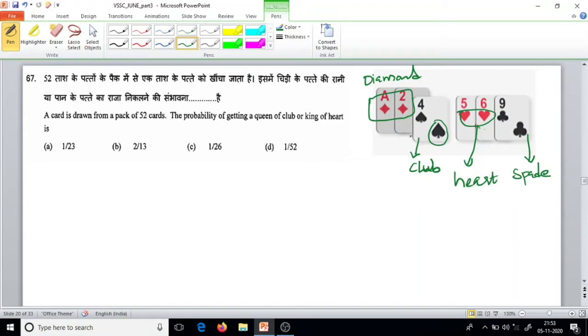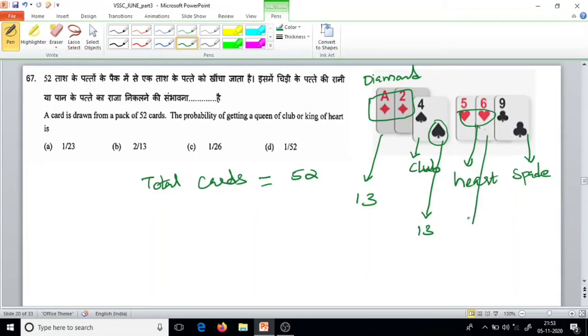There will be total 52 cards. Diamonds will be 13, clubs will be 13, hearts will be 13, and spades also will be 13.